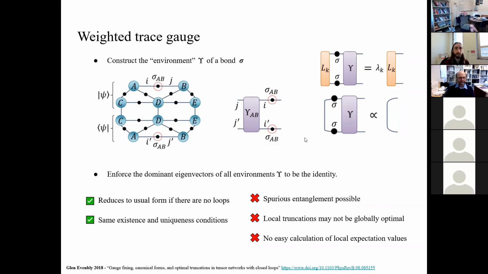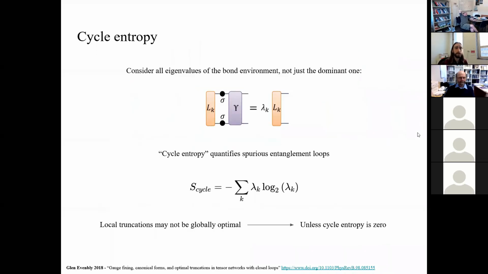This is a bit technical, the weighted trace gauge, but we won't need much of this. Mainly what we'll need is what's called the cycle entropy, which Glen Evenbly introduced in the same paper. It also uses this environment tensor here, which is, just remember, everything in a tensor network contracted with itself, apart from one specific bond that you care about.